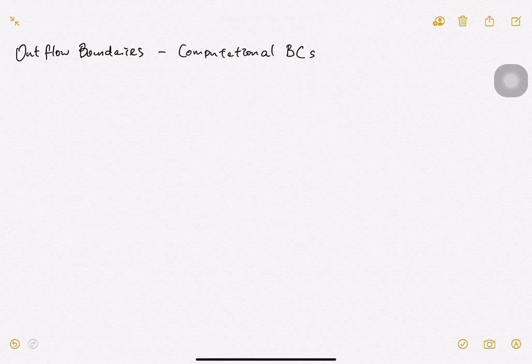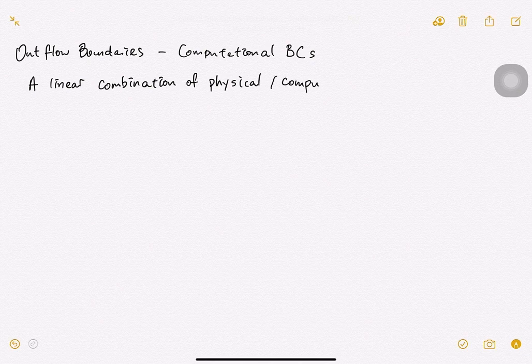So we know that when we do finite differencing, we will have the computational mode and the physical mode. We assume that the final solution will be a linear combination of the physical mode and the computational mode.